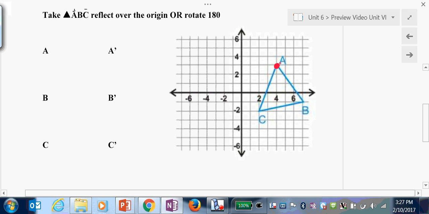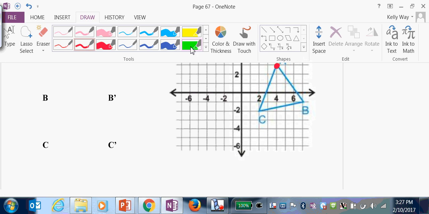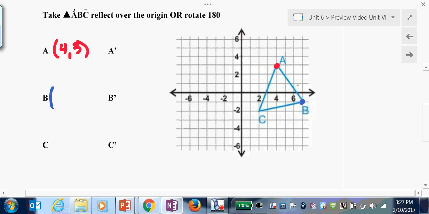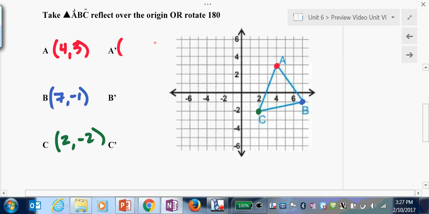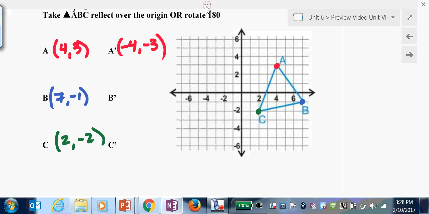Let's go ahead and graph this. So to flip over the origin or rotate 180, you simply opposite both. So I have 4, 3. That now becomes -4, -3.